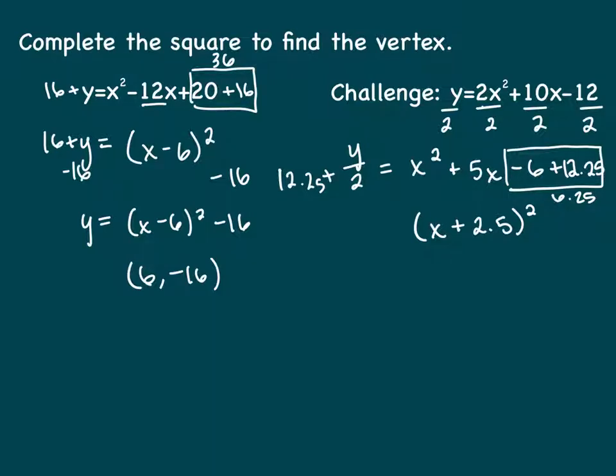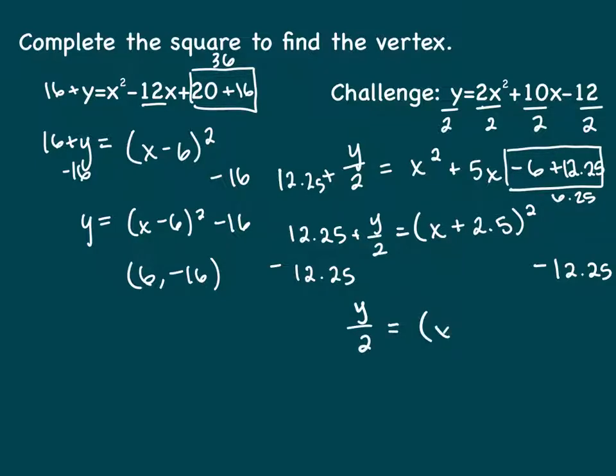So then what I want to do, that equals 12.25 plus y over 2. So I need to subtract the 12.25. So I've got y divided by 2 gives me x plus 2.5 squared minus 12.25.